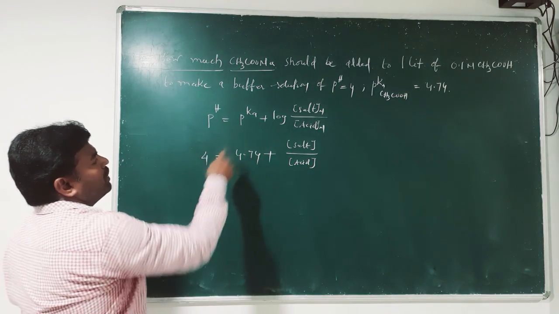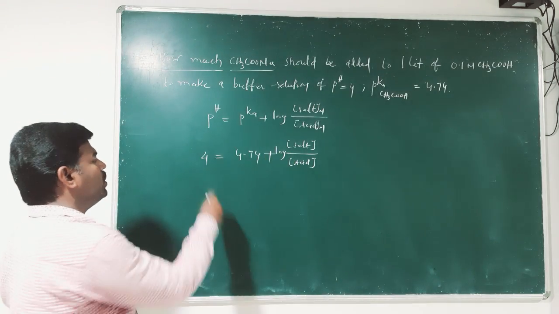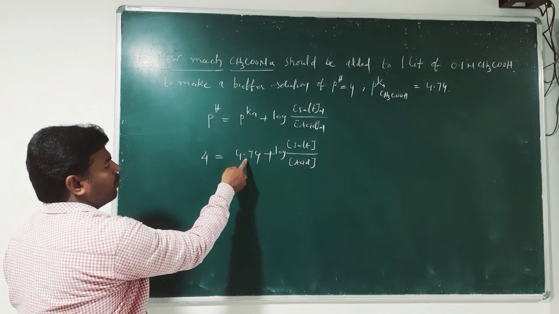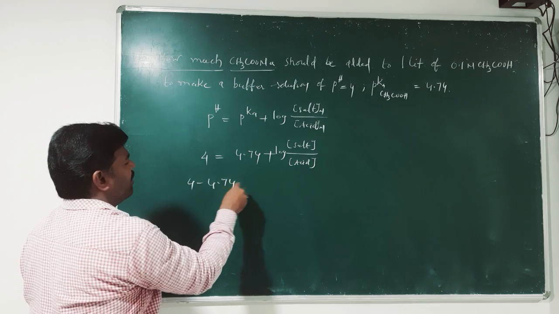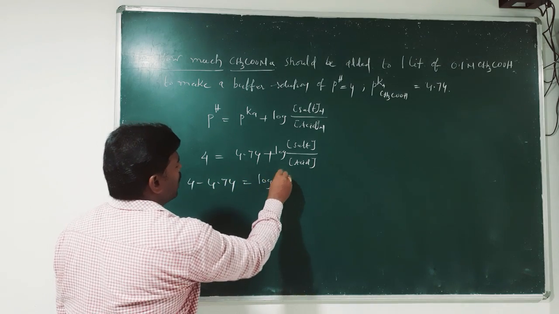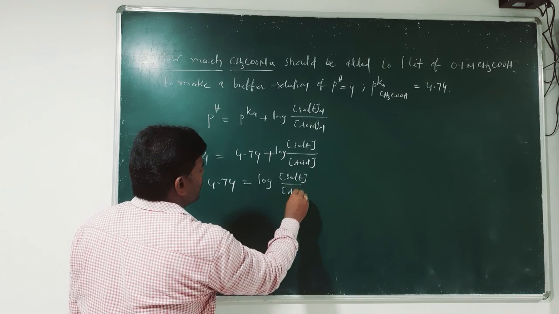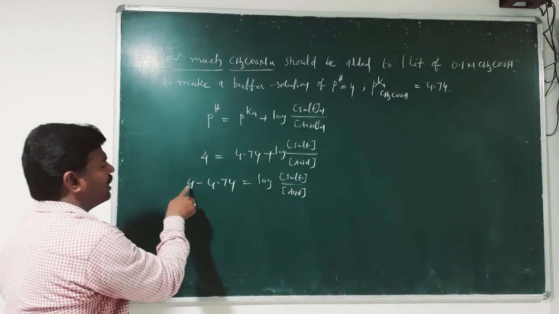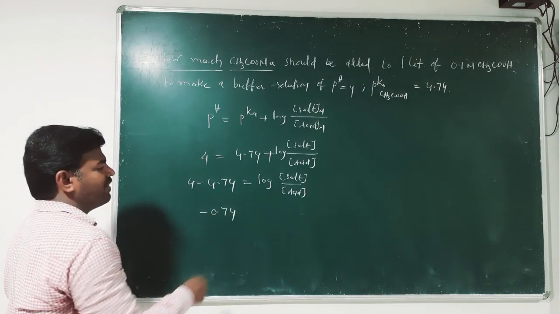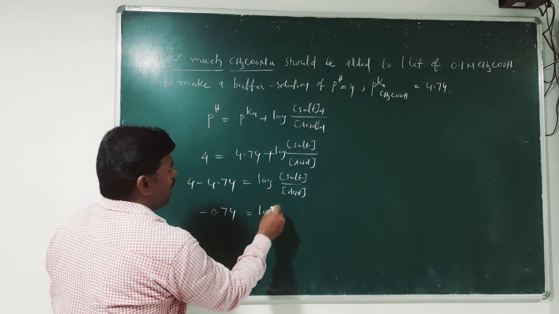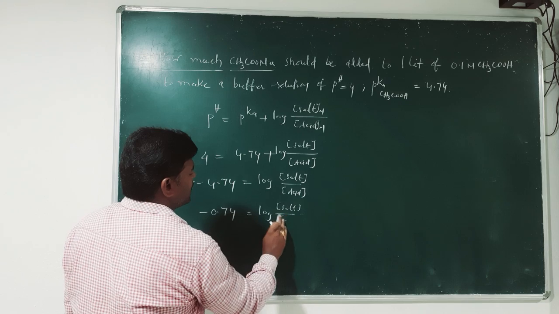So I shall take this 4.74 to this side: 4 minus 4.74 is equal to log of concentration of salt by concentration of acid.